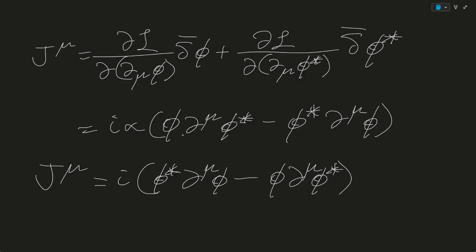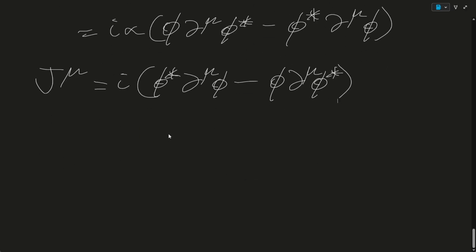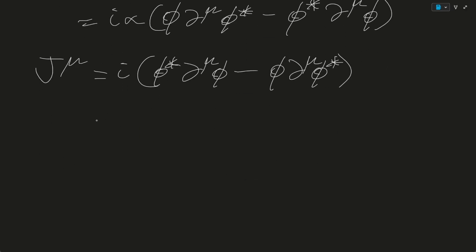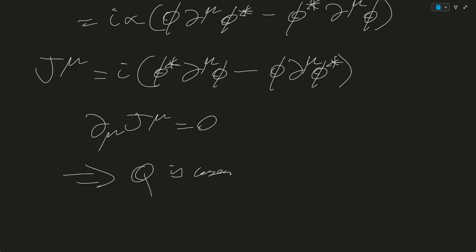Brilliant. And if we take this to be an on-shell system, this still satisfies our equation for the mu derivative of our current being equal to 0. Therefore, Q is conserved, dQ/dt is equal to 0.